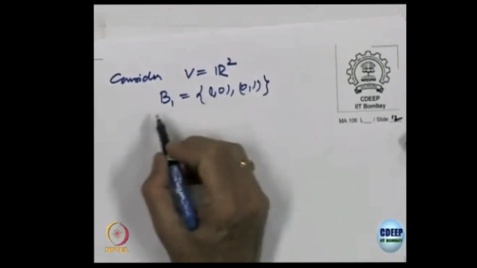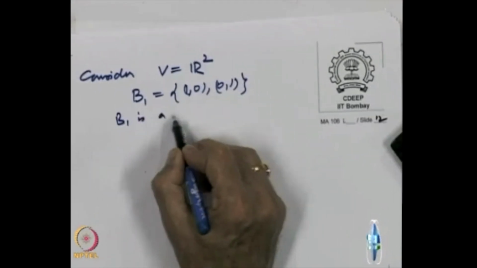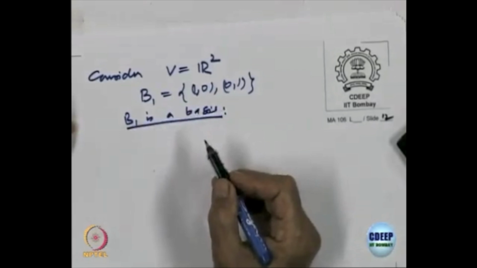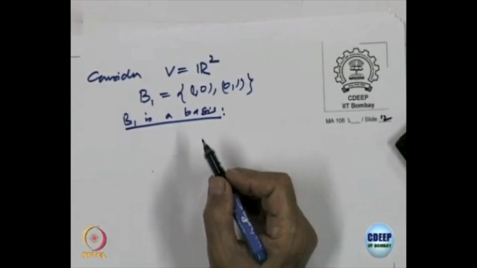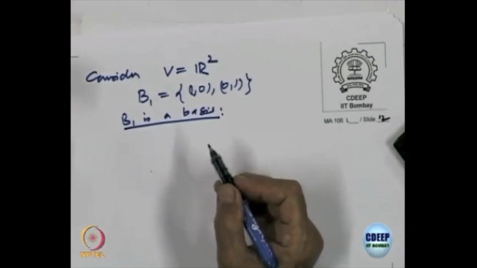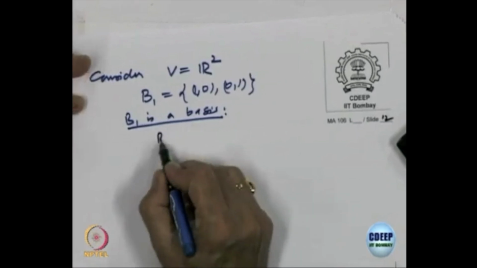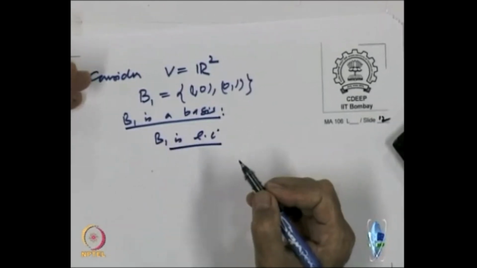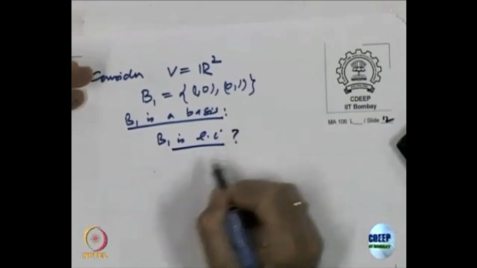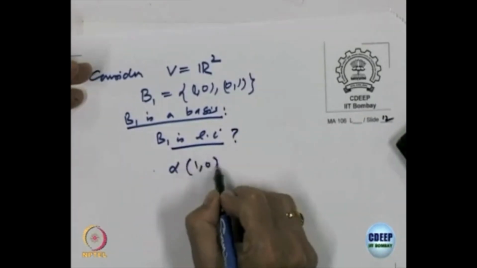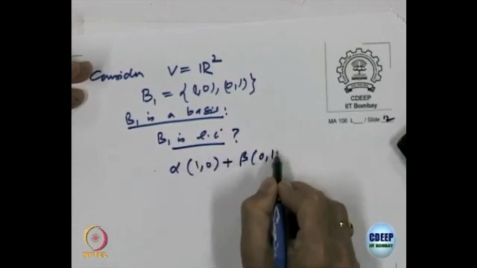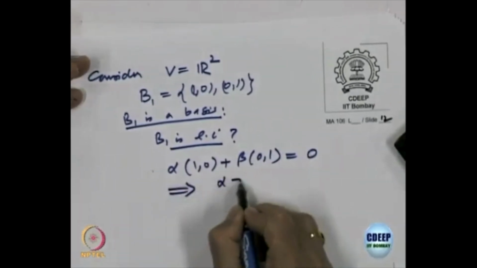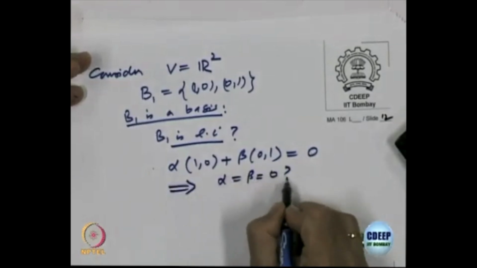Why is B1 a basis? I should be able to check by either of the definitions. Let us check that B1 is a linearly independent set. How do I check it? Check alpha times (1, 0) plus beta times (0, 1): if it is equal to 0, it should imply alpha equal to beta equal to 0.